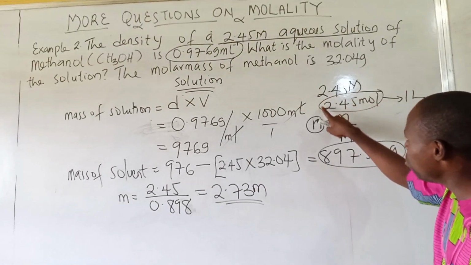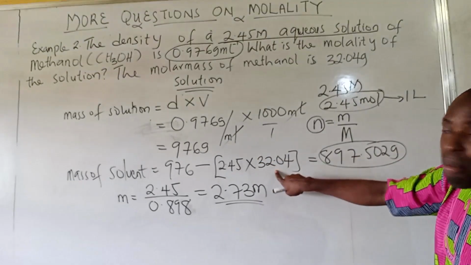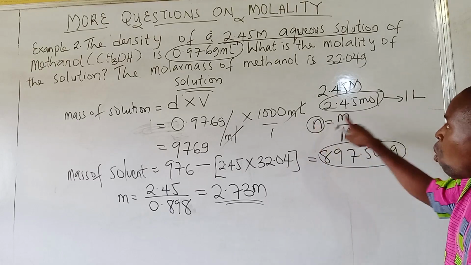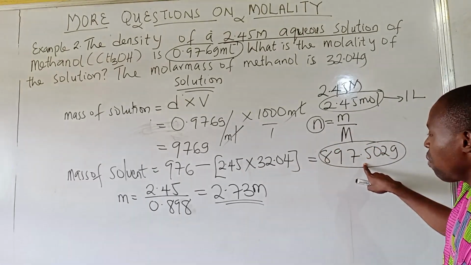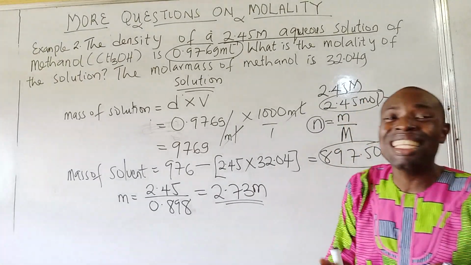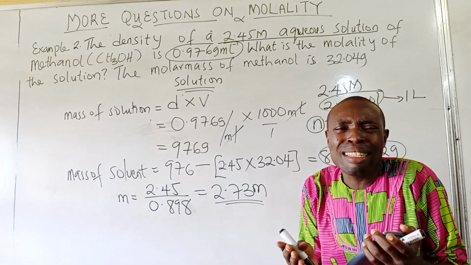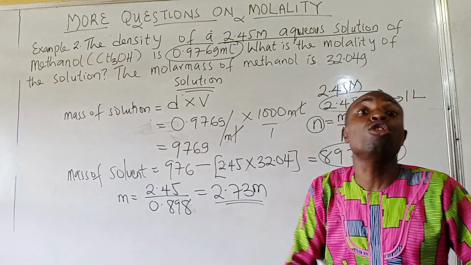So you now have the mole already. Multiply it by the molar mass, knowing fully well that number of moles is equal to mass over molar mass. When you do it, you get the mass of the solvent, divide by 1000, and that's the final answer. So in less than a second, like 20 or 30 seconds, you are already done with it.